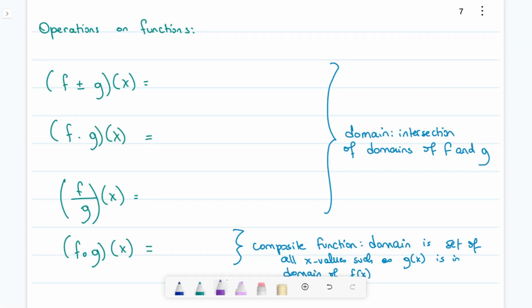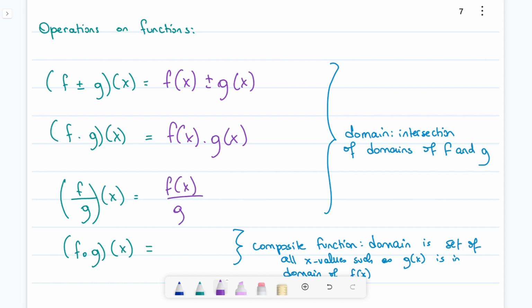Now, operations on functions. There are several operations you might do: add, multiply, divide, subtract, and another operation we'll talk about later today. So let's start. f plus or minus g of x is f of x plus or minus g of x. f times g of x is f of x times g of x. f divided by g of x is f of x divided by g of x.